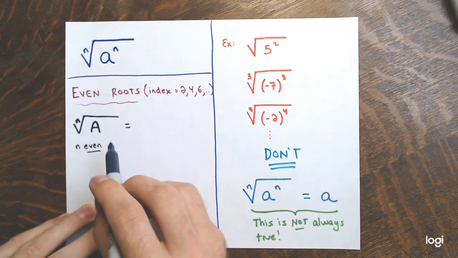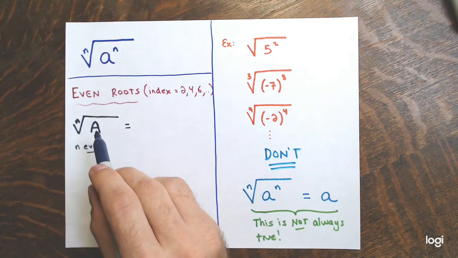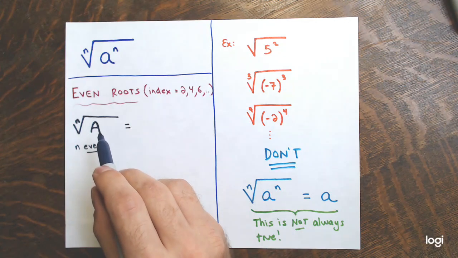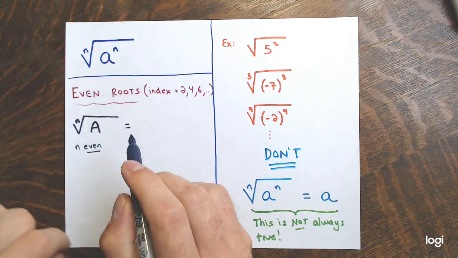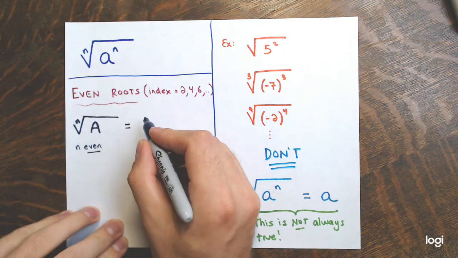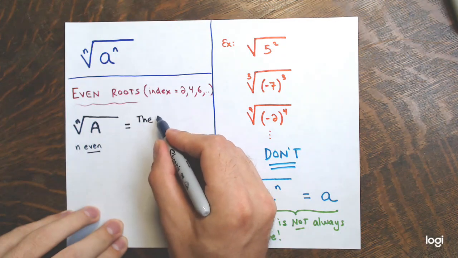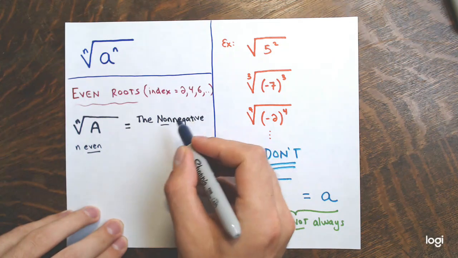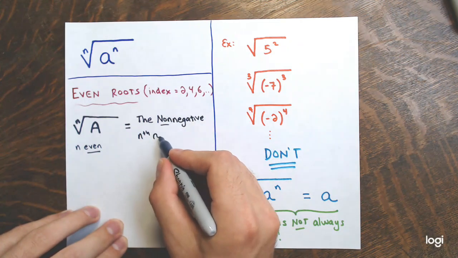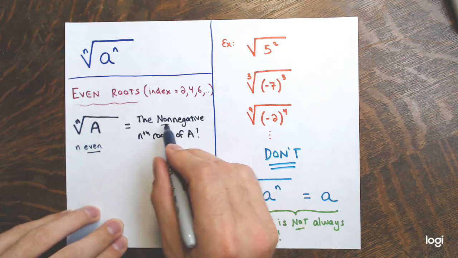Every non-negative number, every positive real number, has two even roots, two square roots, two fourth roots, two sixth roots, etc., one positive root and one negative root. What you're asked for when you see this symbol is the non-negative root, the non-negative nth root of A. Okay, that is huge.